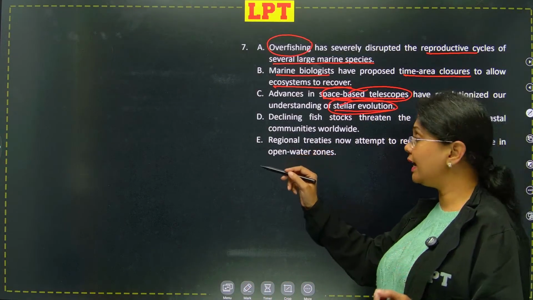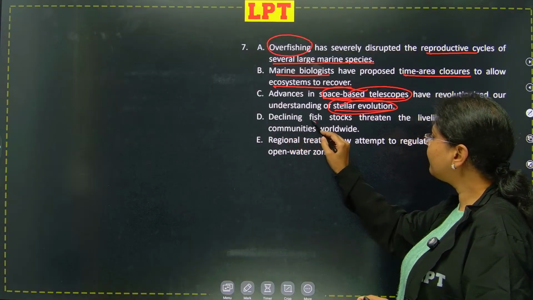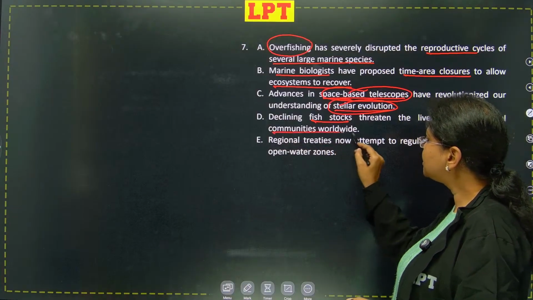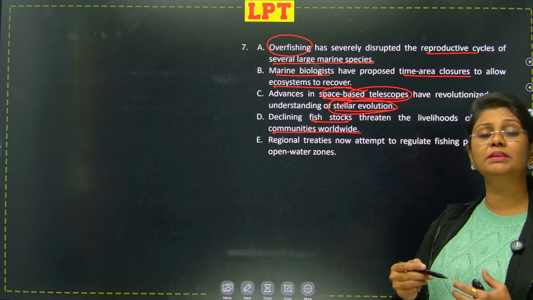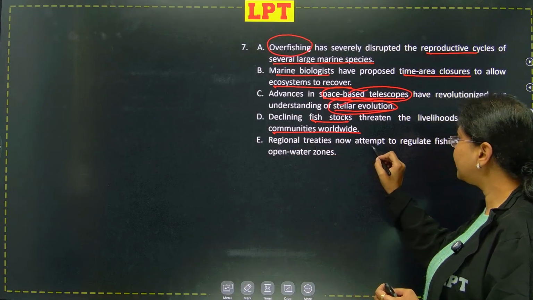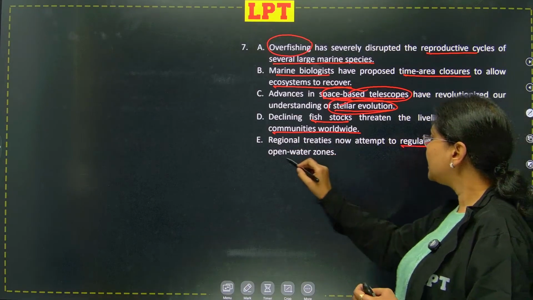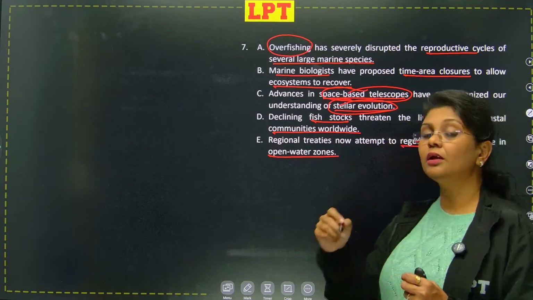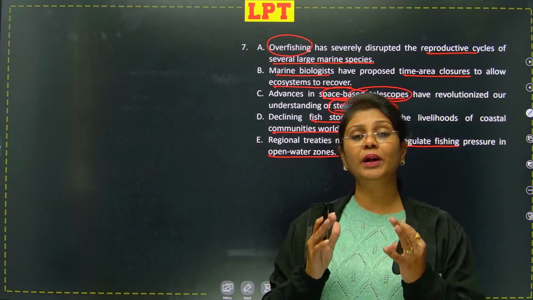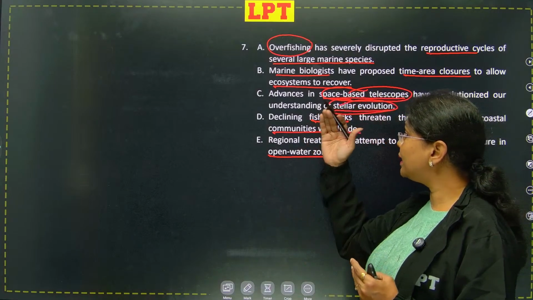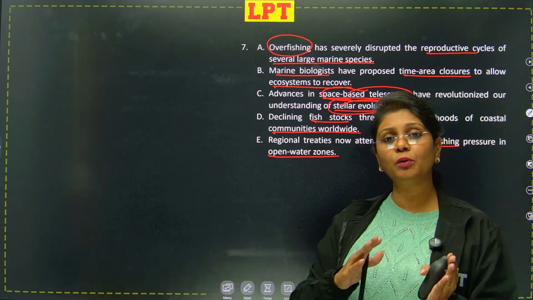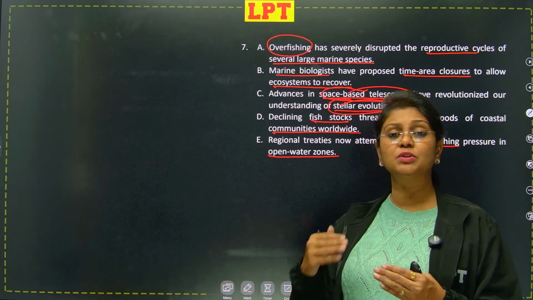Let's look at D and E as well. Declining fish stocks threaten the livelihoods of coastal communities worldwide. So this again goes with the case of overfishing. And E says regional treaties now attempt to regulate fishing pressure in open water zones. Now, if you have read the 5 sentences together, you would understand that statements A, D and E follow the same pattern of discussion, that is overfishing.